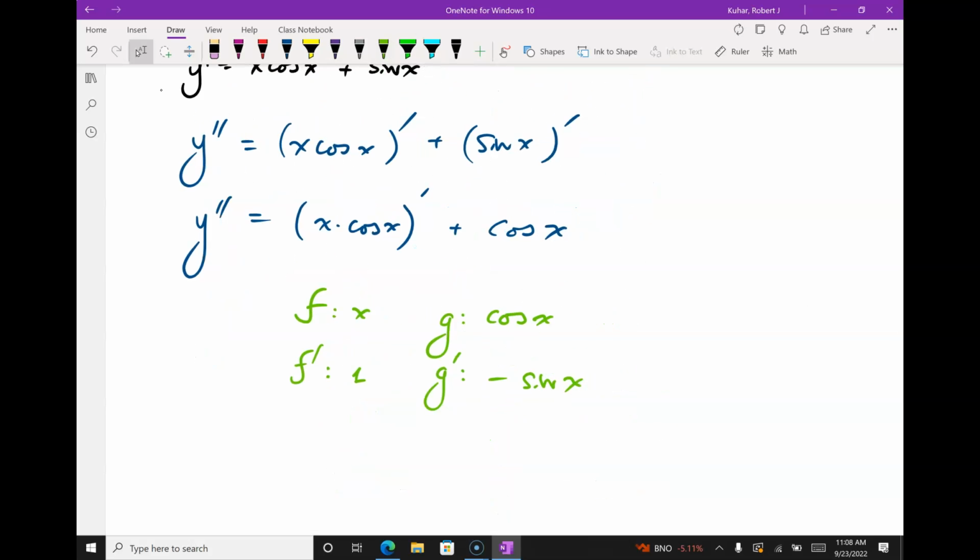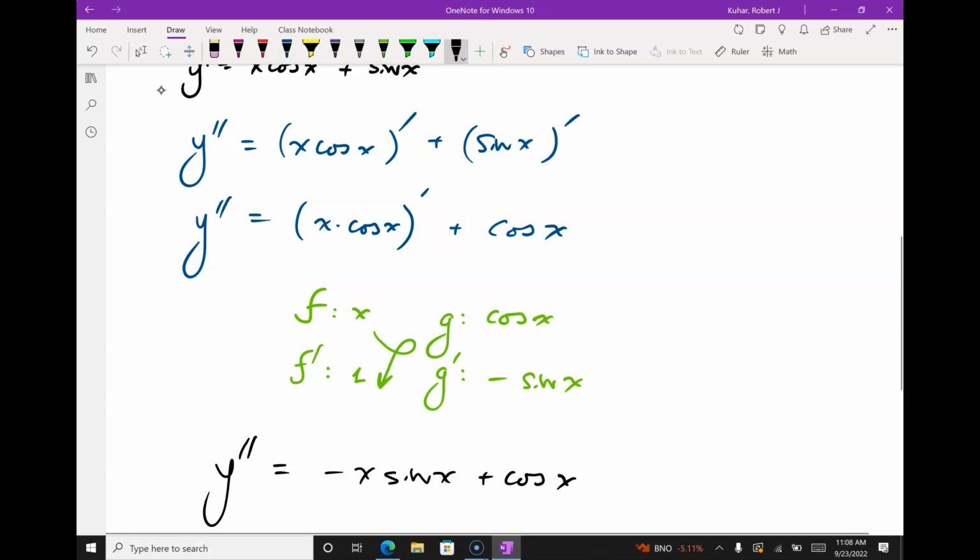So what do I get when I do my product rule here? So y double prime is what? Minus x sine x plus cos x, plus the original cos x. Plus that one. So these things are going to get messy. I'm going to have product rules and quotient rules inside of product rules and quotient rules. Everybody with me?